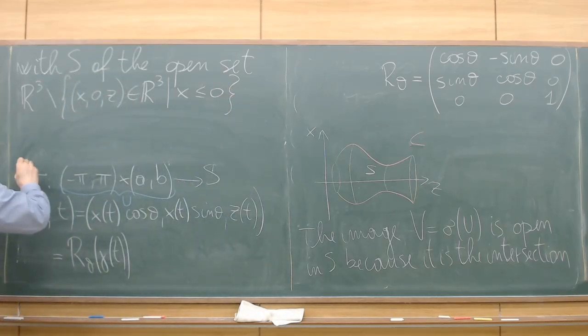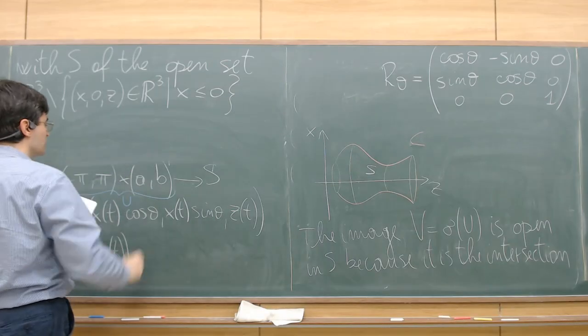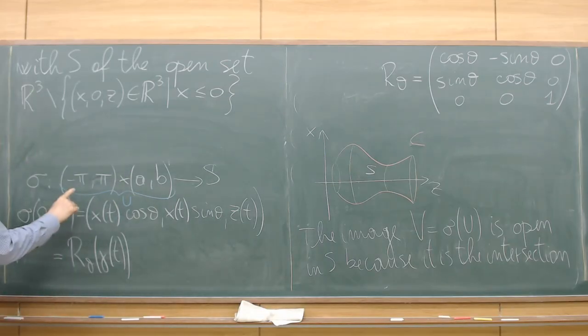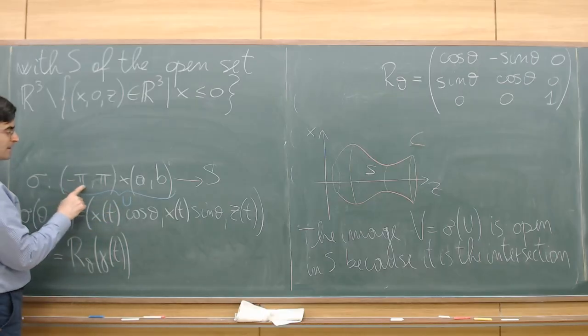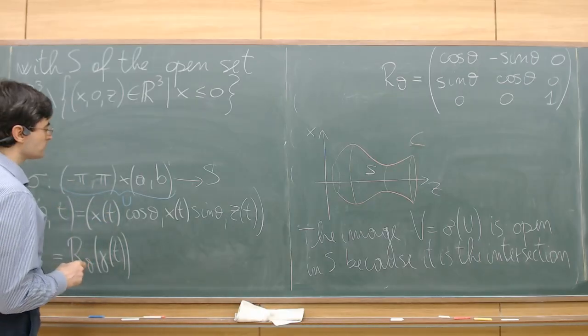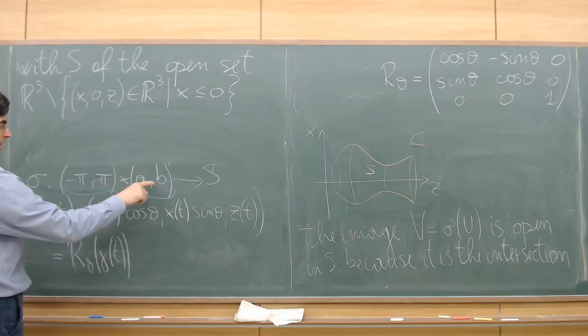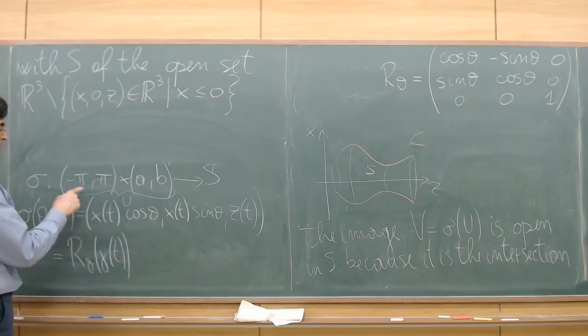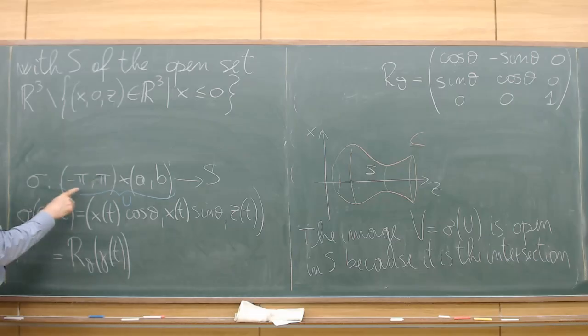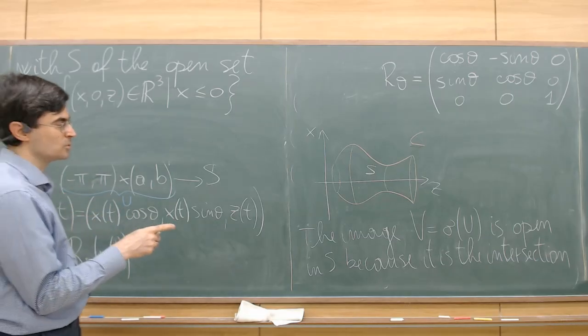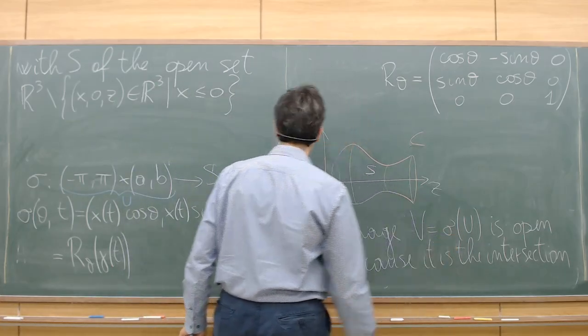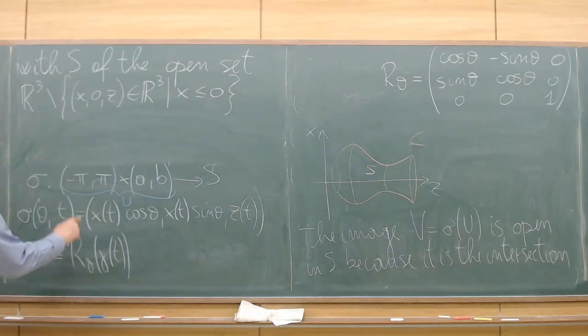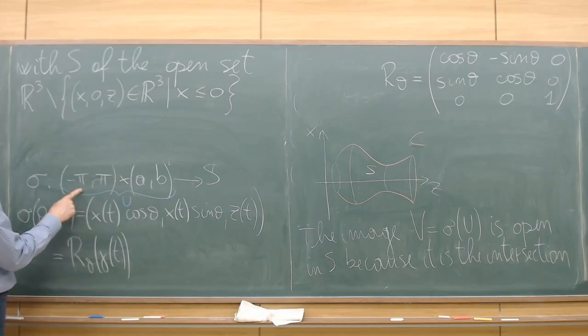The reason why this is true is that U is the product of minus pi, pi, and the interval AB. So the image of U does not contain points such that x of t is equal to minus 1.